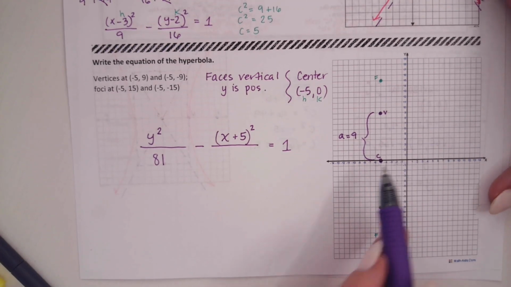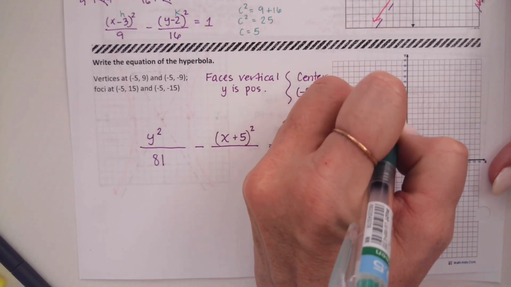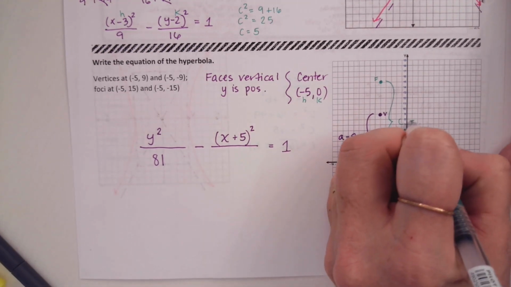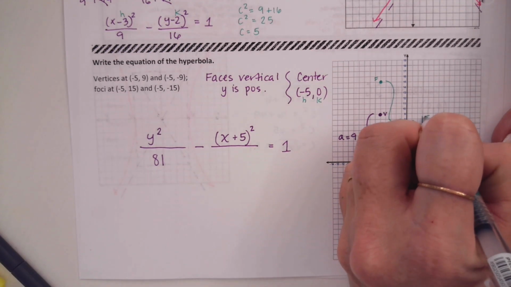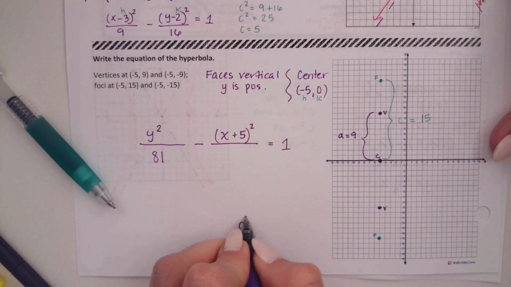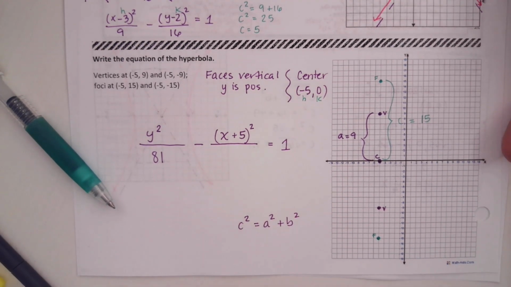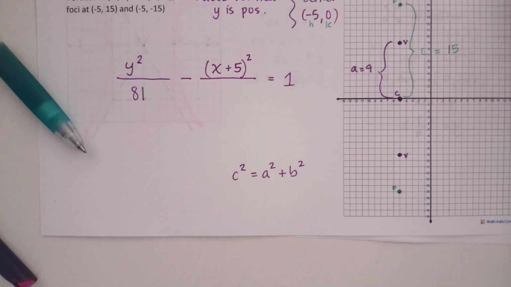So what we're going to have to do for that is work backwards with our c amount. Because I can see my focal length here. My focal length is how many units? 15. So we're going to use the fact that we know that c squared equals a squared plus b squared. And I'm going to plug it in and solve for my missing one.